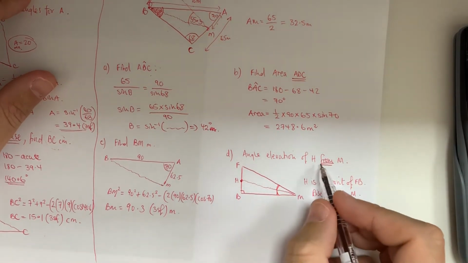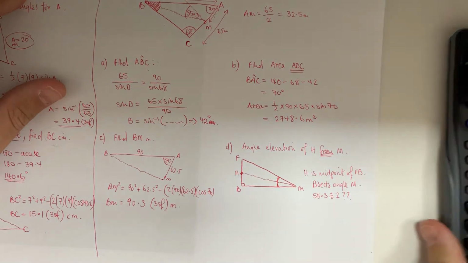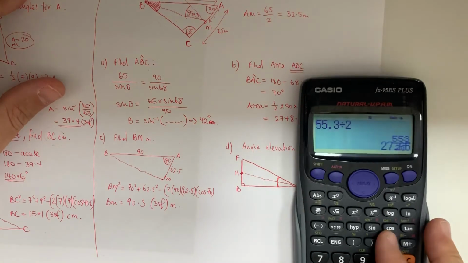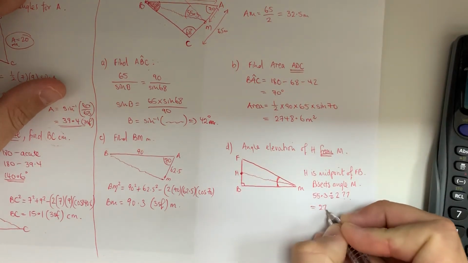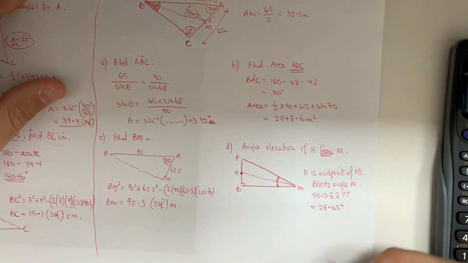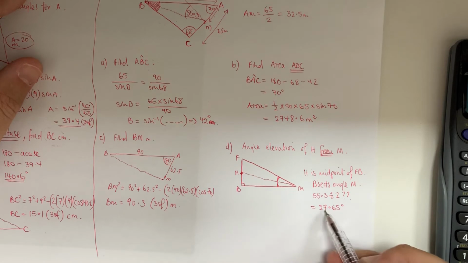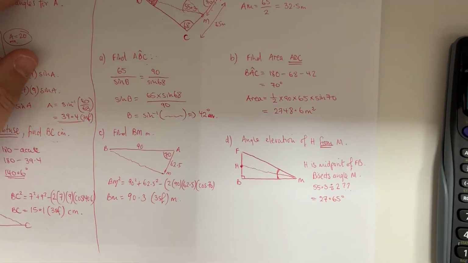So surely it can't be as simple as 55.3 divided by 2 to get the answer. 55.3 divided by 2 is equal to 27.65. So the angle of elevation up to the flagpole is going to be 27.65. Because it's the last question, I always think it might be a bit harder, but if it's that easy.